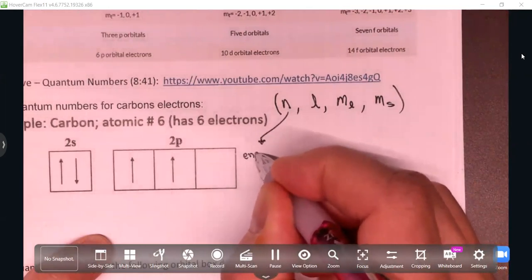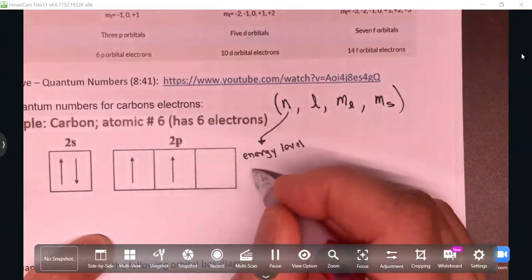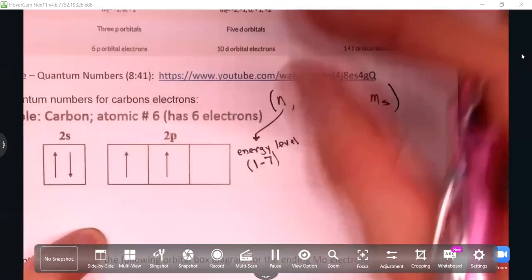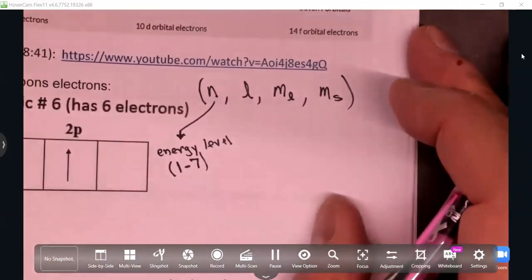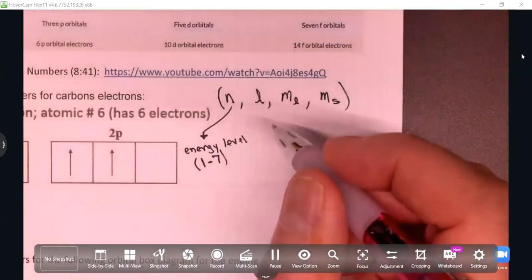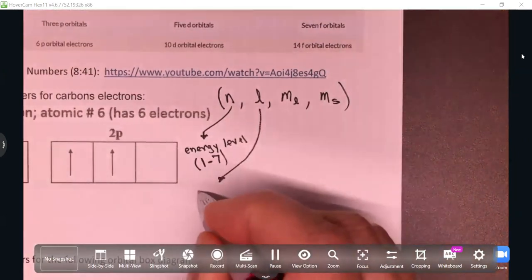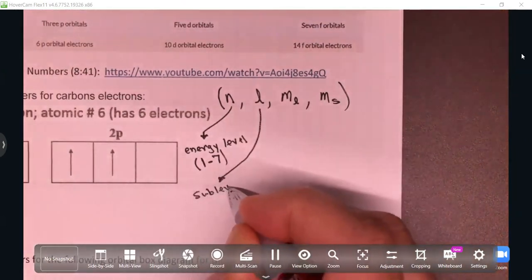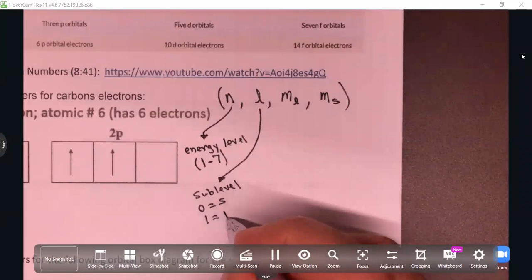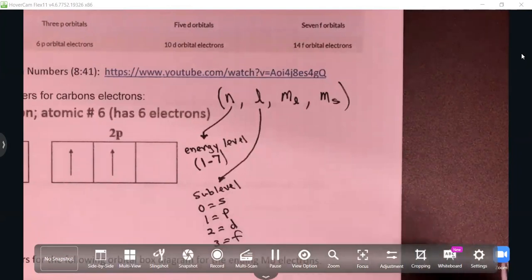n is the energy level that it is in, and in the ground state, those numbers are going to be 1 through 7. This l is fixed. This is the sublevel: 0 for s, 1 for p, 2 for d, 3 for f.